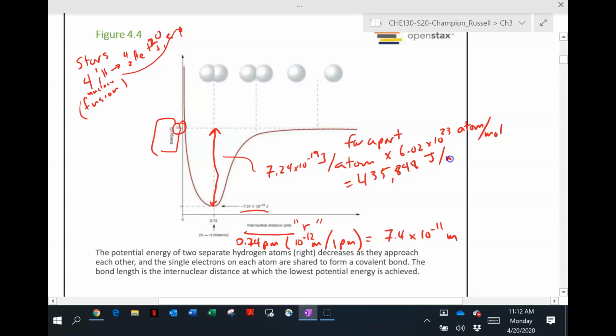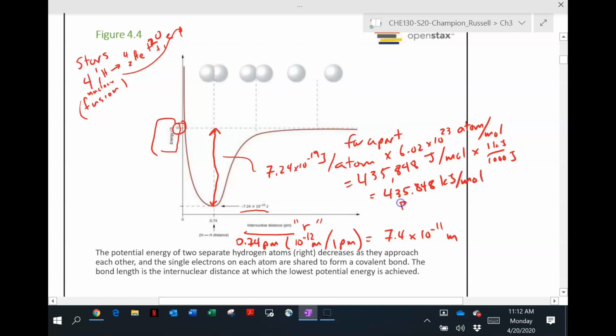That's joules per mole. If I want to convert that from joules to kilojoules, then I'm going to say 1 kilojoule over 1,000 joules. That's going to be 435.848 kilojoules per mole.